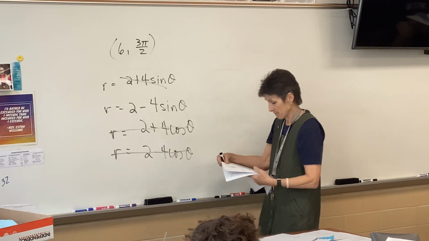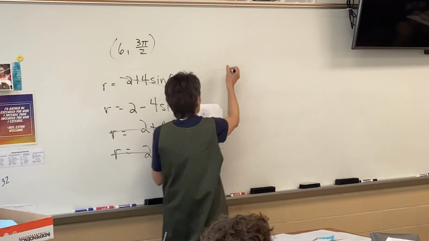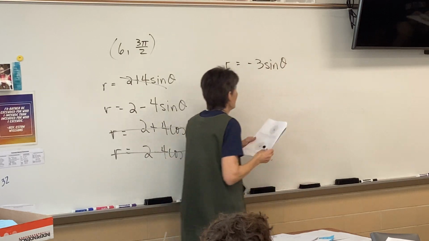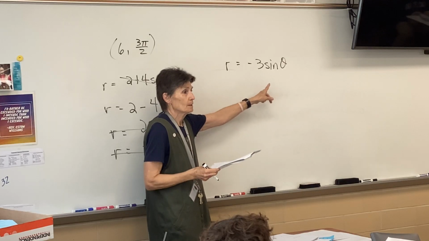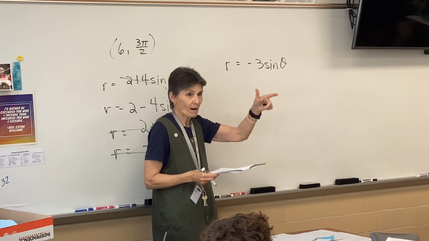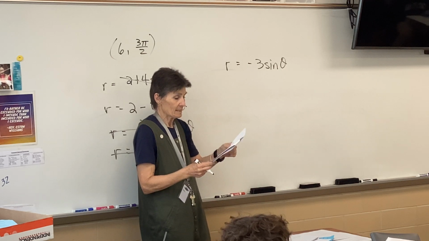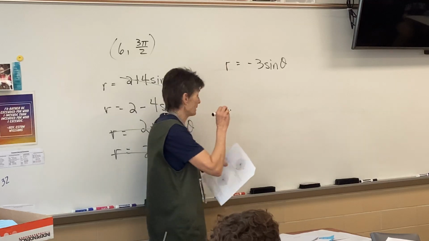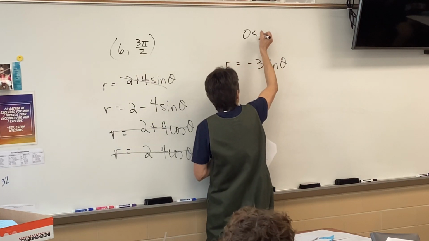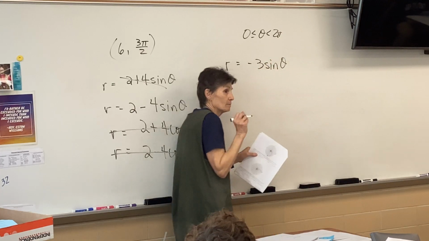All right, next. A portion of the graph is shown. So here's the equation, but this time he didn't graph the whole thing. He only graphed part of it. Normally, to get the whole picture, we would go from 0 to 2 pi.